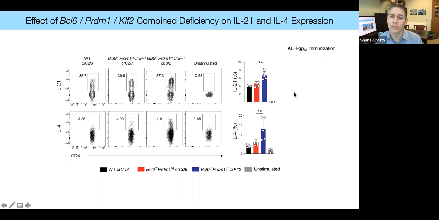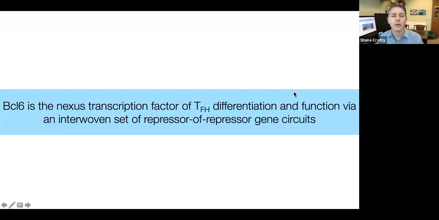And so we take all of this data together, and it does seem to present a consistent pattern that Bcl-6 is central to TFH differentiation and function by regulating repressor-of-repressor gene circuits, and that these are really an interwoven set of gene circuits.